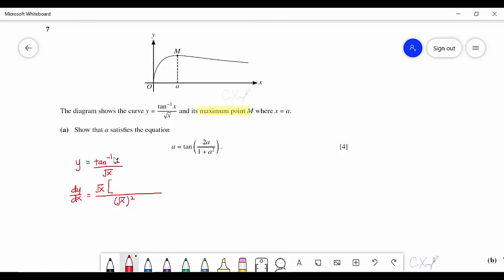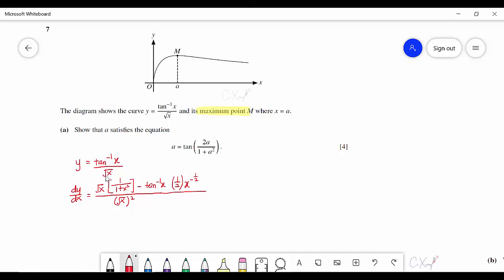When you differentiate tangent inverse x, you should get 1 over 1 plus x squared. Then minus, now you copy back the tangent inverse x, but you differentiate the original denominator, which is the square root x. What is the differentiation of the square root x? You will have half, and then x to the power minus 1, becoming negative half.